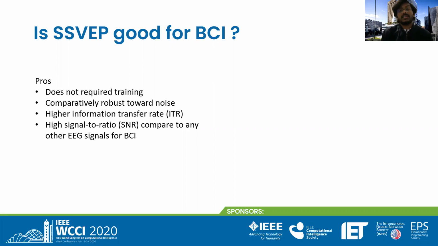You don't need to collect data every time a user or participant comes into the lab, if our system needs to be used by different users. Compared to other BCI paradigms, it is a bit more robust toward noise, which is another very important property.